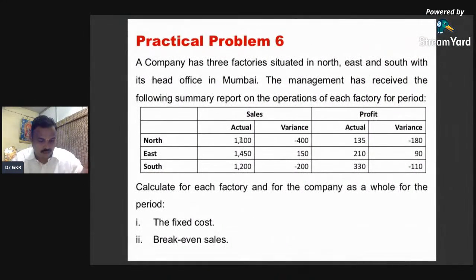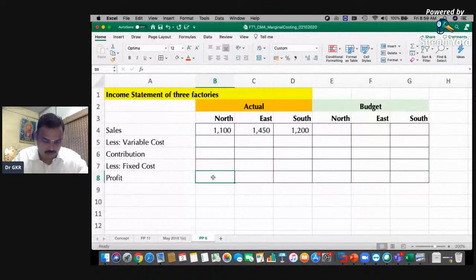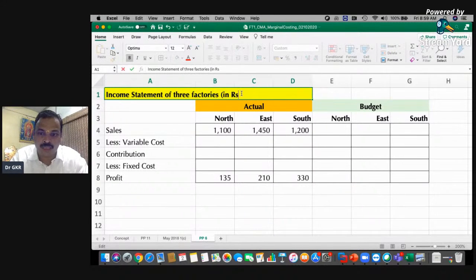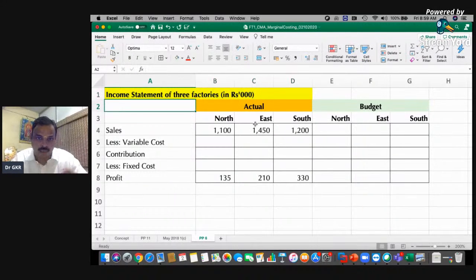So 1,100, 1,450, 1,200. Profit is 135, 210, and 330. For your kind information, the income statement is in rupees thousands.